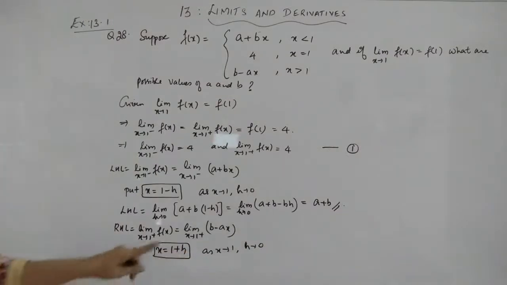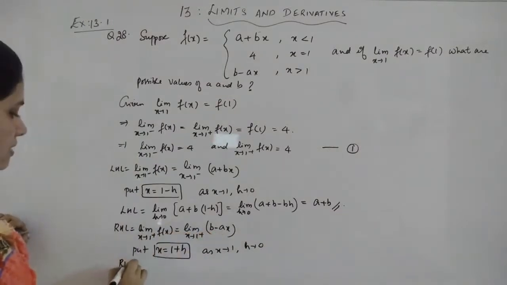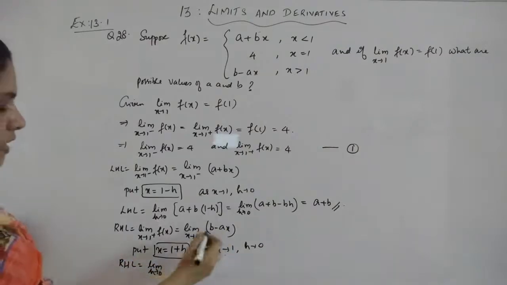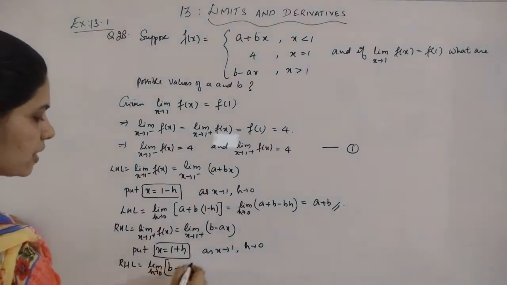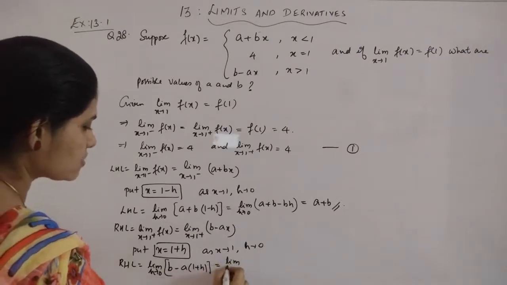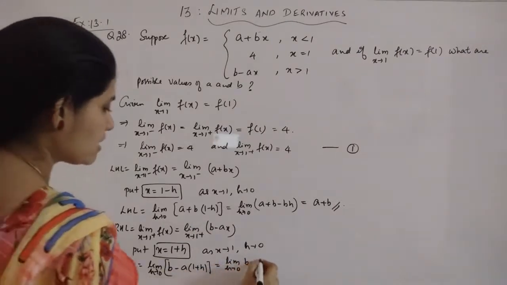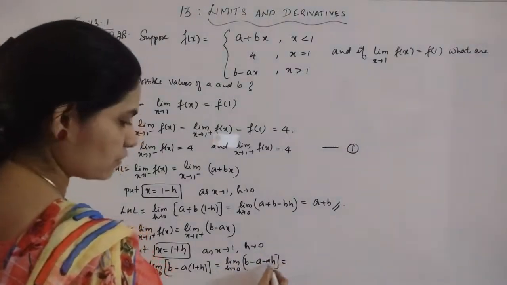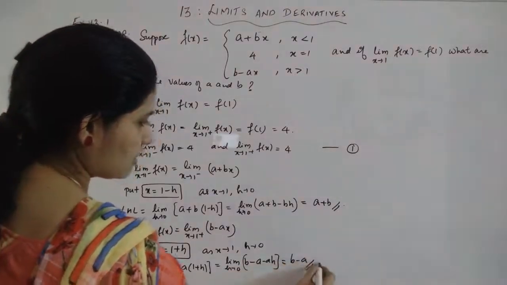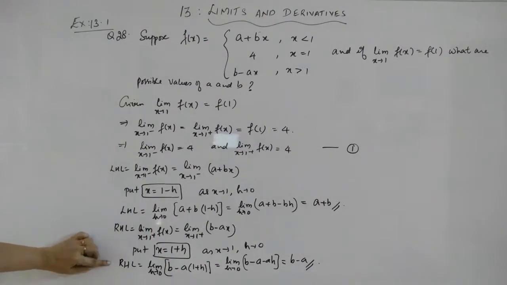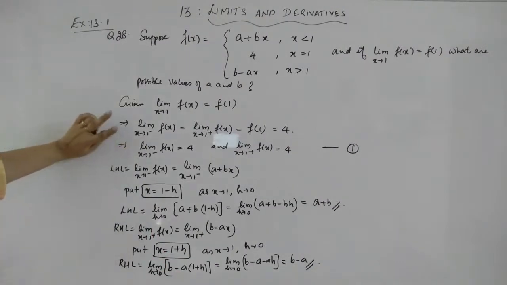So now replacing the value for the right hand limit, you will get limit h tends to 0, instead of x you have to replace it with 1 plus h, so that this is limit h tends to 0 b minus a minus ah. Now replace the value with 0 for h, you will get b minus a. So the left hand limit is a plus b and right hand limit is b minus a, and both are equal to 4. So you will get two equations in two unknowns. We will just solve them.